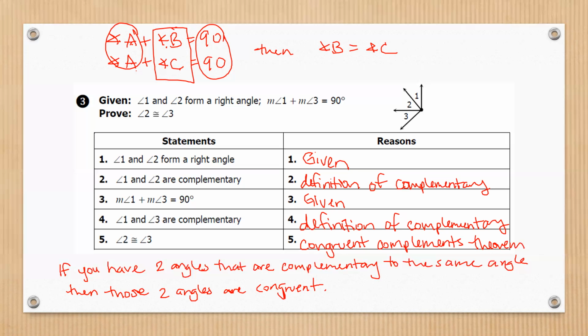So angle B has to be the same as angle C. So for this example, we had angle 1 and angle 2 complementary, and we have angle 1 and angle 3 complementary. And so because angle 2 is complementary to 1 and 3 is complementary to 1, that means that angle 2 and angle 3 have to be congruent. And the name of that theorem is the congruent complements theorem.